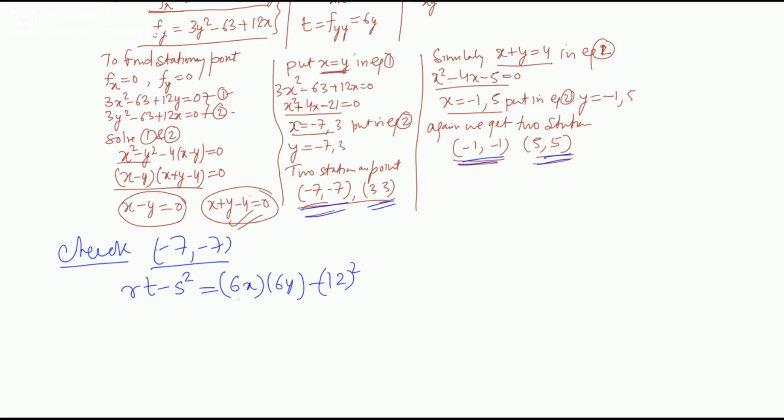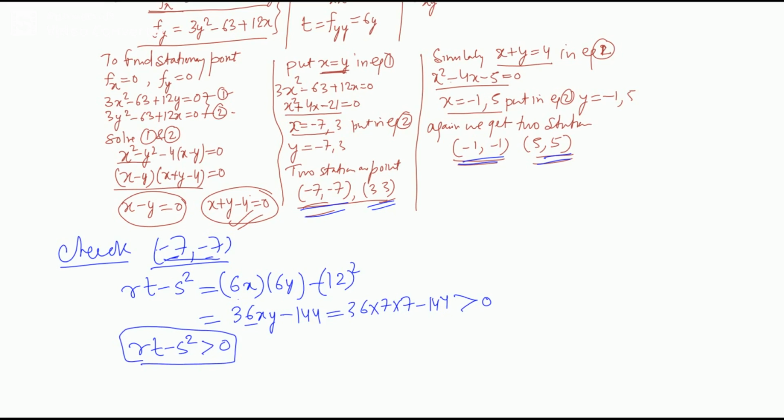So here we get 36xy minus 144. Now putting minus 7 and minus 7 here, we get 36 into 7 into 7 minus 144. Here you observe the value is greater than 0, so rt minus s square is greater than 0.